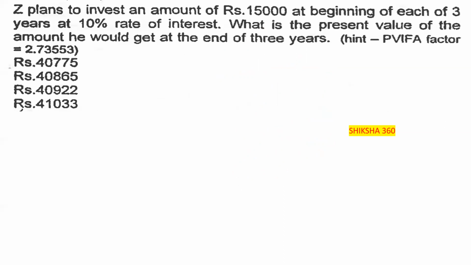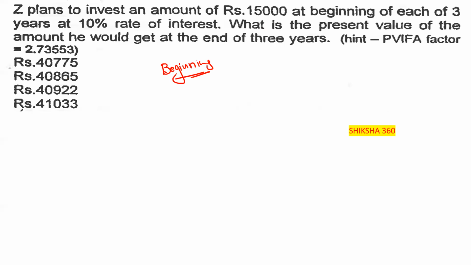Z plans to invest an amount of rupees 15,000, rupees 50,000 at the beginning of each of 3 years. Clear? Here they have specially mentioned that it is at the beginning. So in which annuity do we deposit the amount in the beginning? That is, ordinary annuity or annuity due.